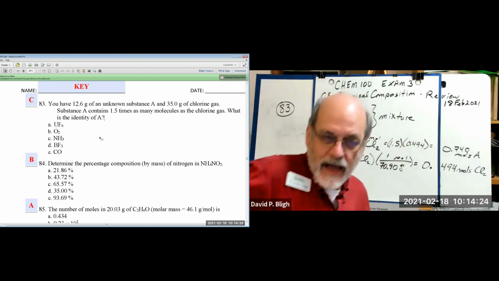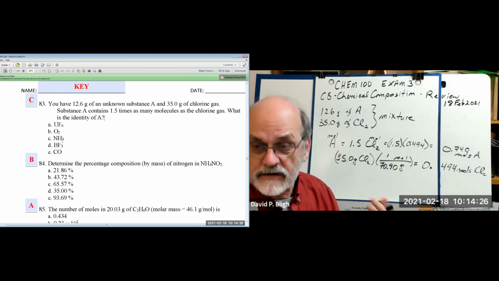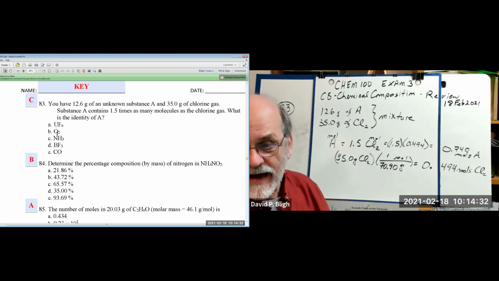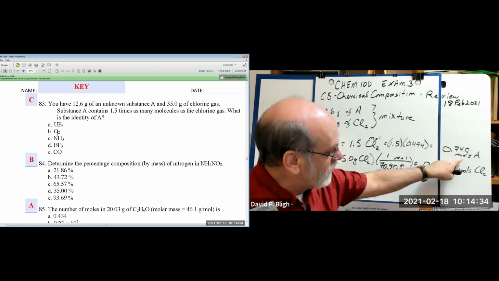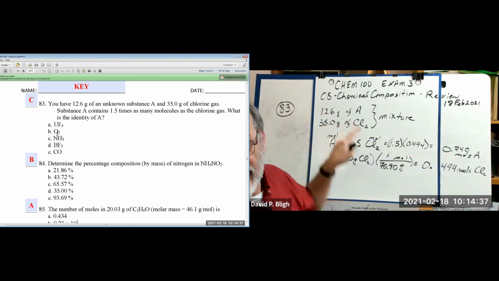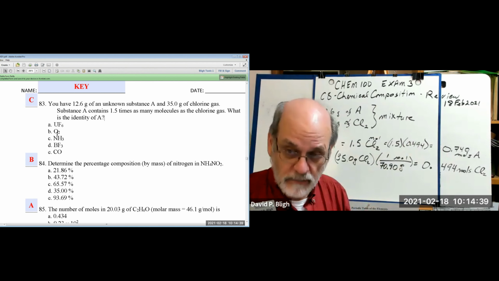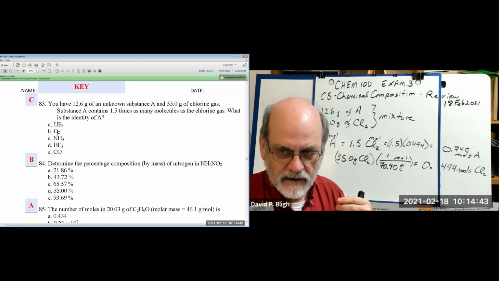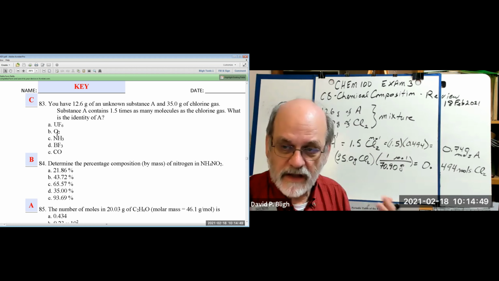Now, how do you identify which one of these is the right one? Well, you have to look at what we've got. The information we have now is we've got moles of A and grams of A. We can calculate the molar mass of A. Right? Anytime you have mass of a substance and you know how many moles that represents, you can calculate the molar mass.